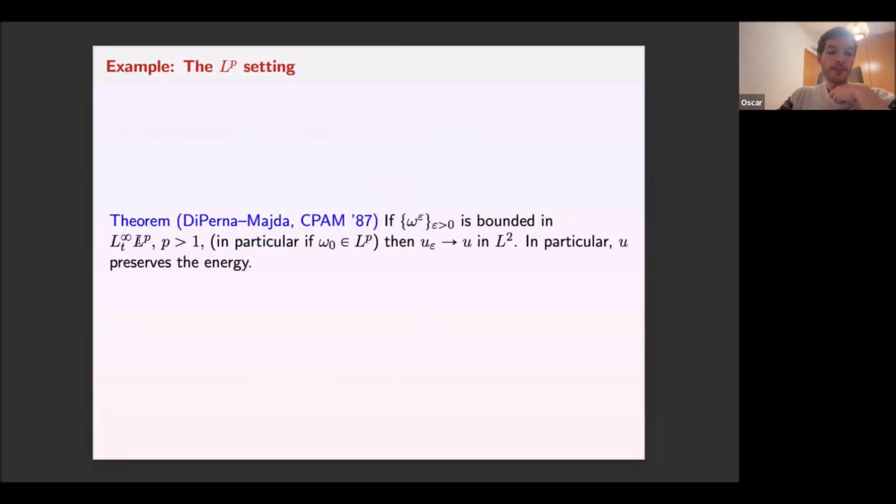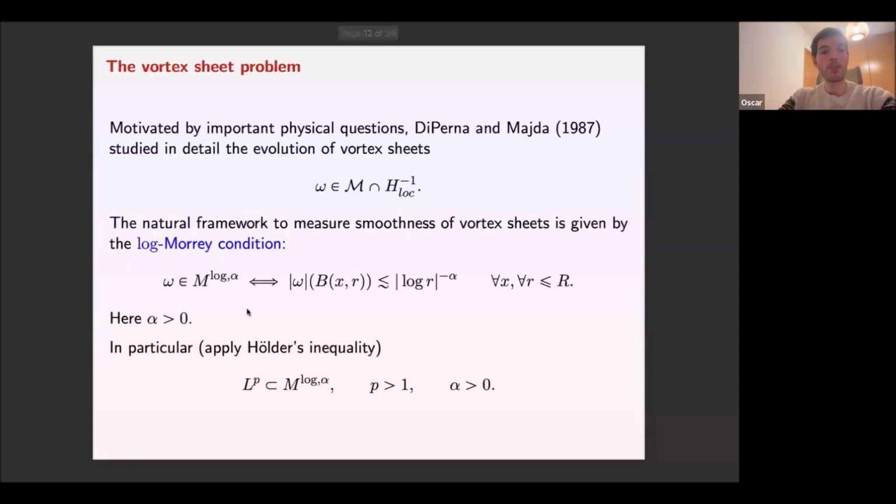But note that the L^p setting is not adequate to measure vortex sheets, because working with measures, L^p is not a good candidate, right? And then, to overcome this obstruction, DiPerna and Majda proposed to work with log-Morrey conditions to measure regularity properties of vortex sheets.